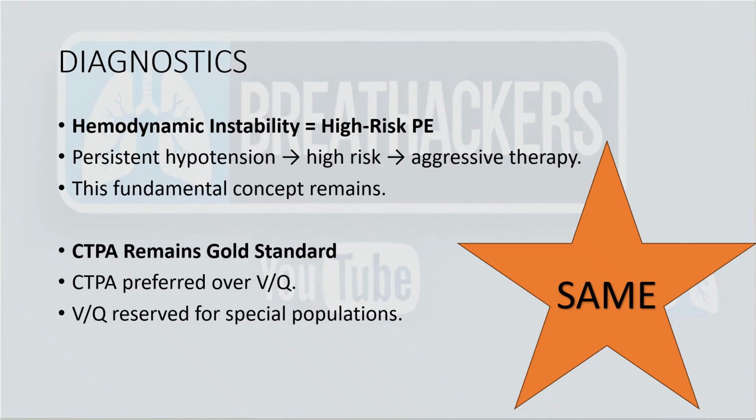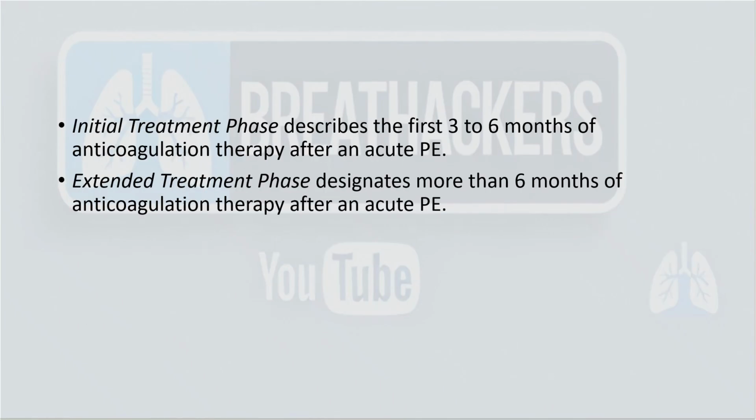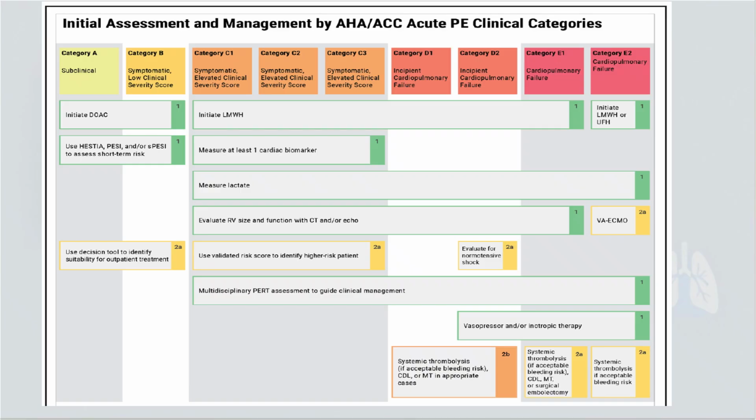Persistent hypotension, you have to act aggressively. Coming to the treatment part, this remains the same. The initial treatment phase, which is the first 3 to 6 months of anticoagulation therapy, and the extended treatment phase, which is beyond 6 months. Coming to this treatment part, or maybe summarization of all the categories, we'll focus on the treatment part only.